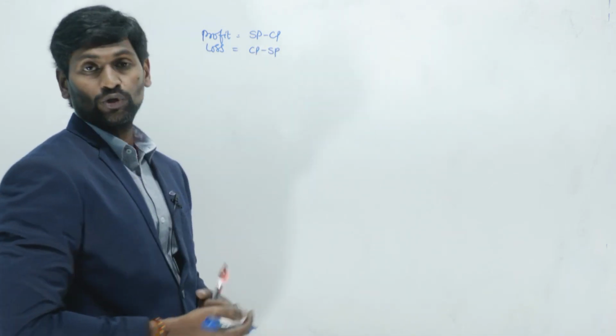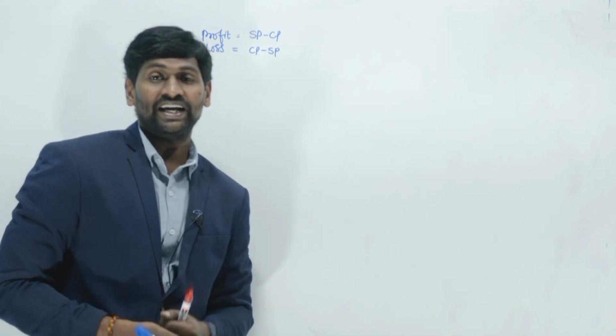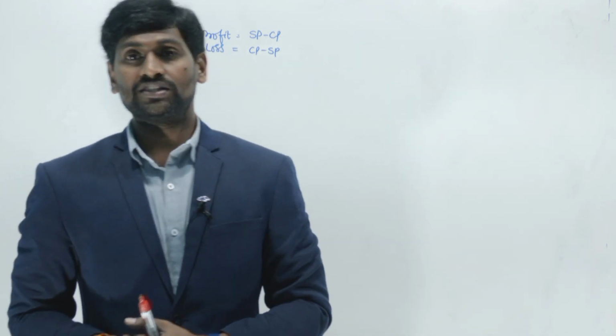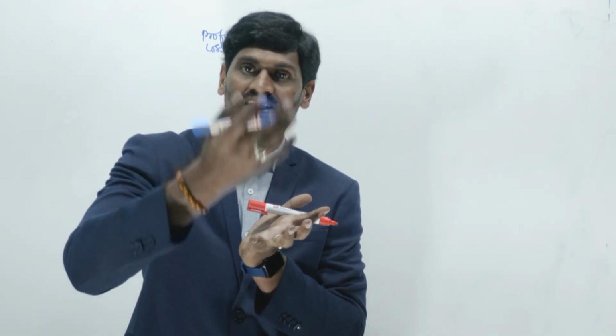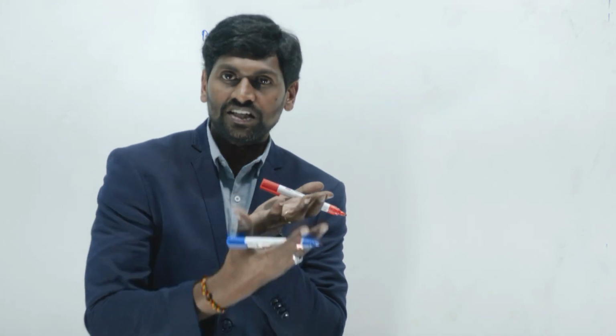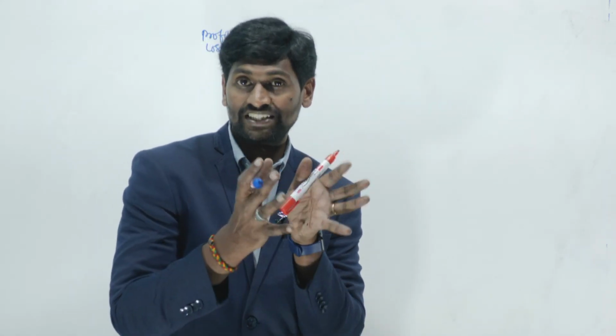Here CP value is more. So for identification of profit and loss, both we are just comparing with cost price. Selling price more than cost price is profit, less than cost price is loss. So cost price is a fixed value.